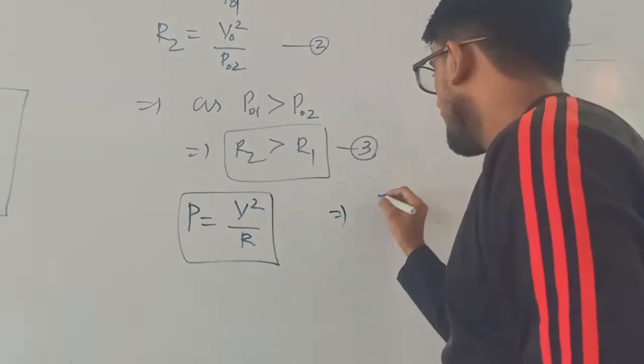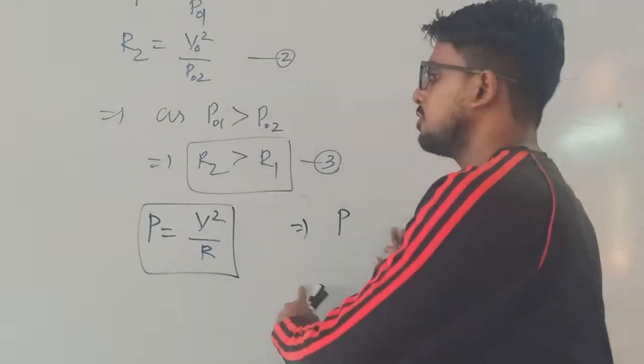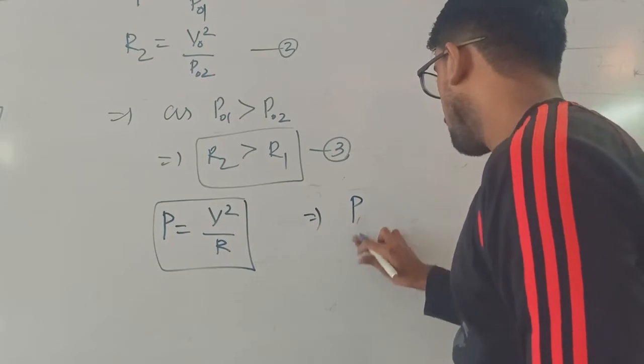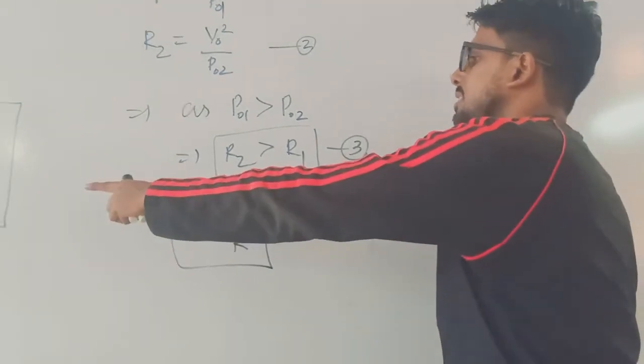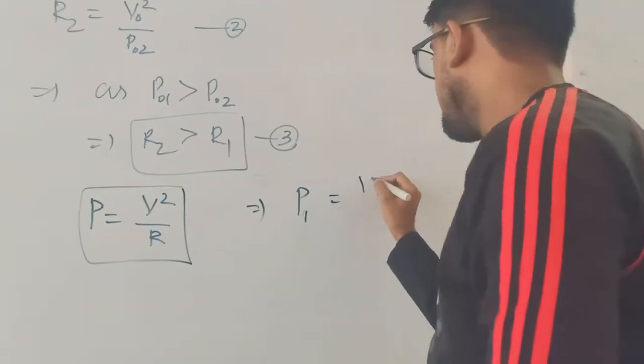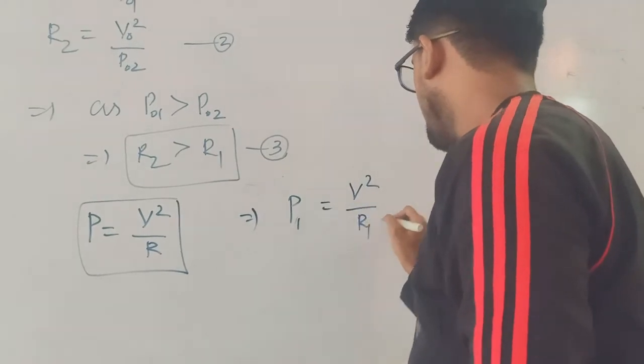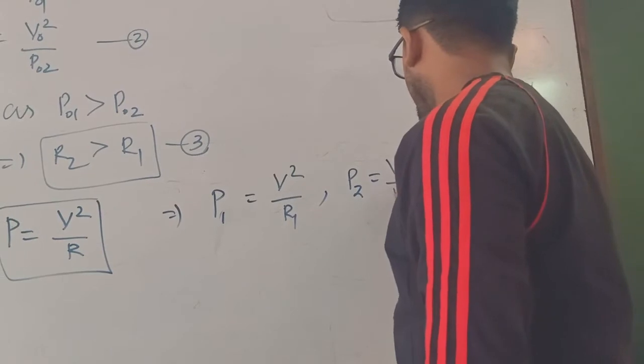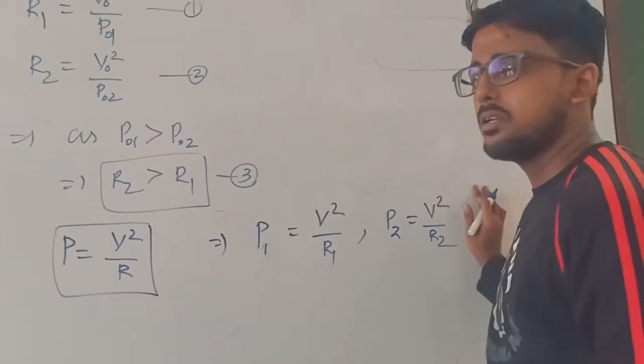So the power consumption by bulb 1, let it be P1, when it is connected across a potential difference V, will be V square by R1, and similarly for bulb 2 it will be V square by R2. Clear?